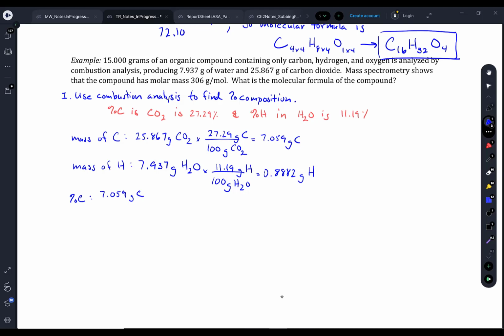The 15 grams of the compound. Remember, the carbon is coming from the organic compound. So the part is the carbon, the whole is the organic compound, which is 15 grams. So I'm getting 47.06%.